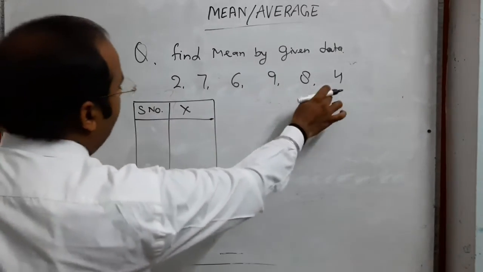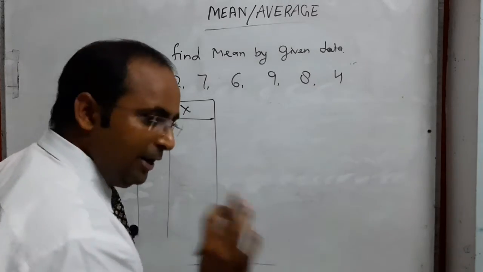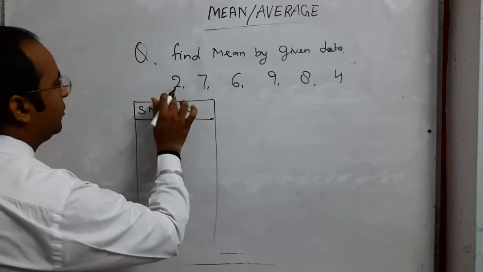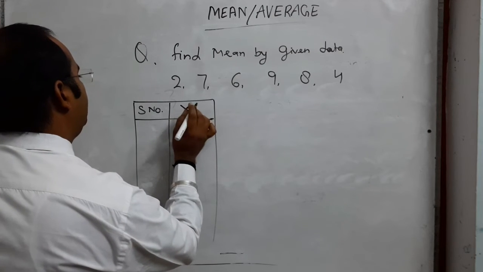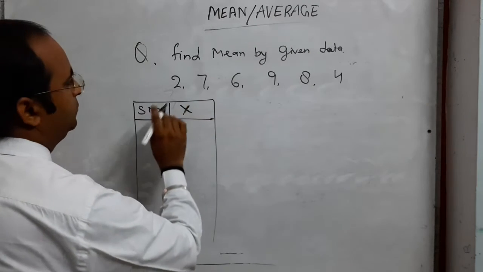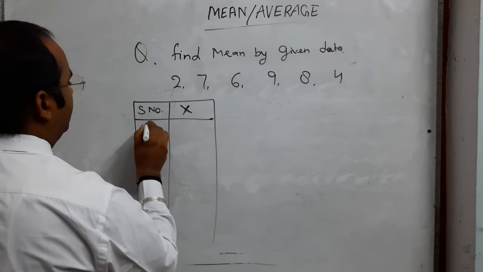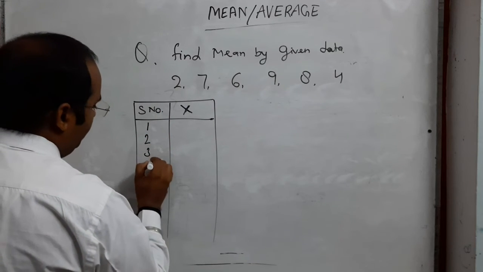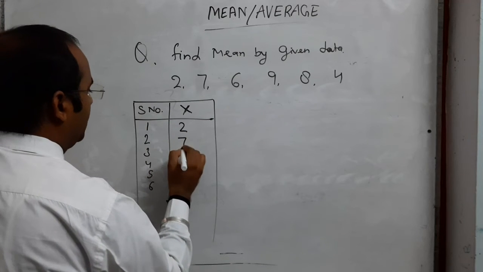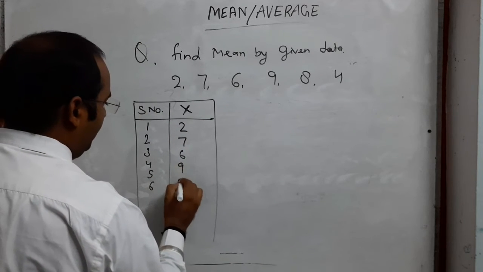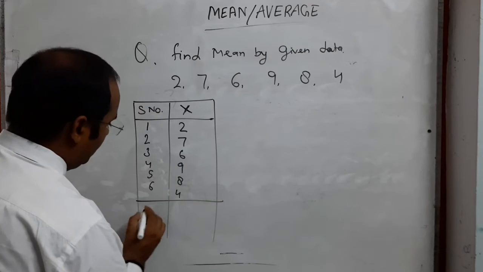X means variables, observations, items. One, 2, 3, 4, 5, 6. Here 6 values are given: 2, 7, 6, 9, 8 and 4.